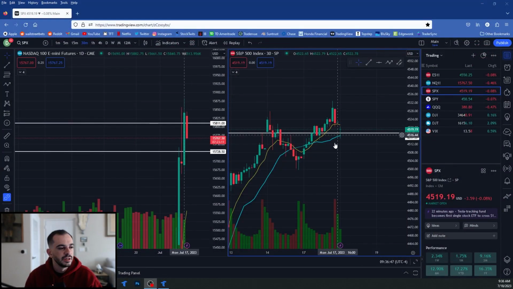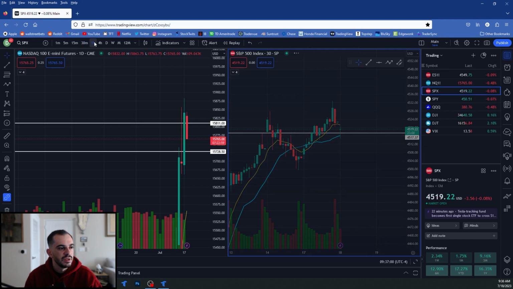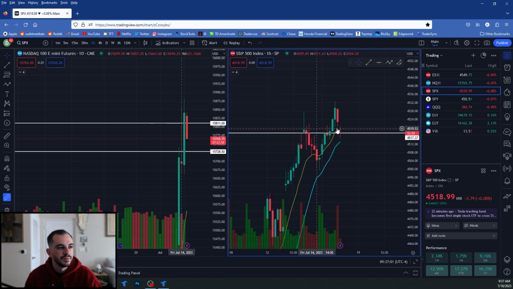If we take a look here, SPX open, there's the gap, yesterday's close right here above. We're looking at the 30-minute, you have the 20 SMA, the 9 EMA, going out to the hourly here. I mean, technically we're coming into the low of these candles. We're still in the middle of all this. There's moving averages below, so it is trying to hold.